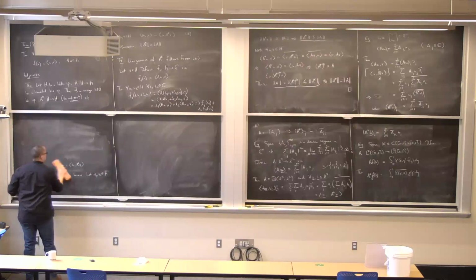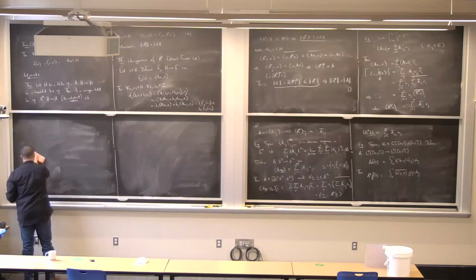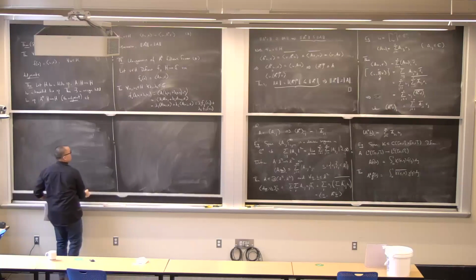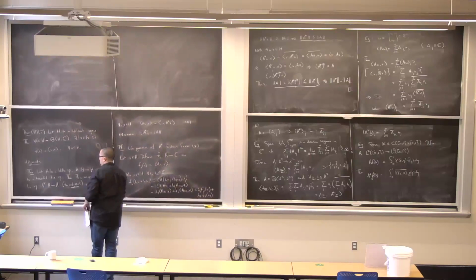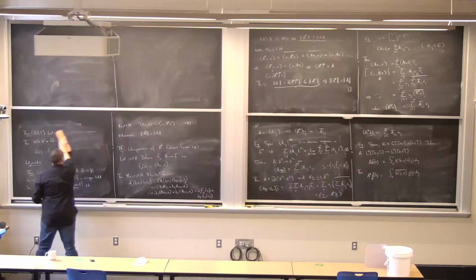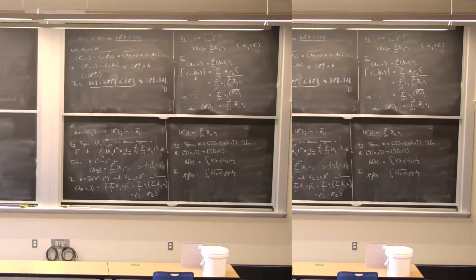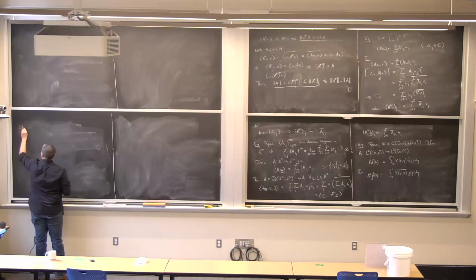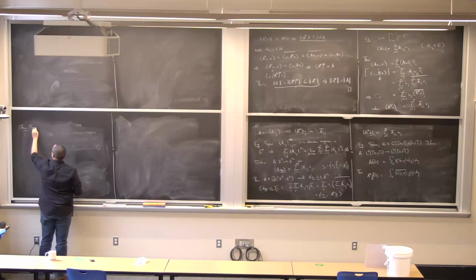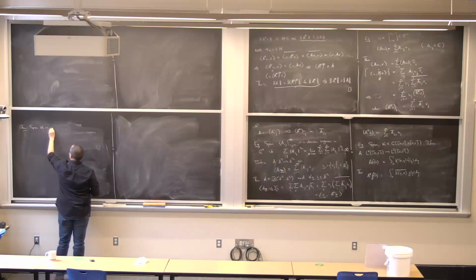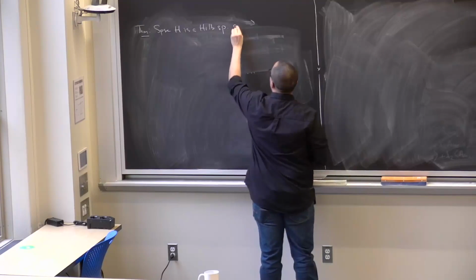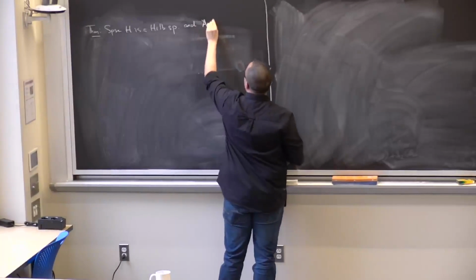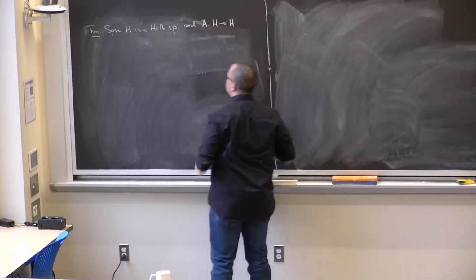We'll see another way this is manifested later, but this is the simplest way. So suppose H is a Hilbert space and A from H to H is a bounded linear operator.